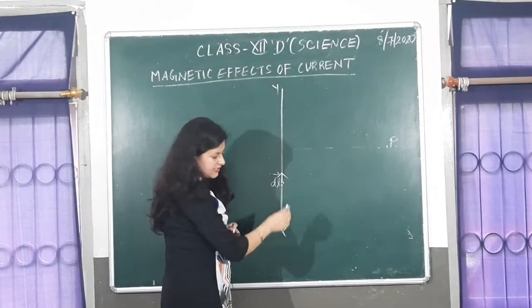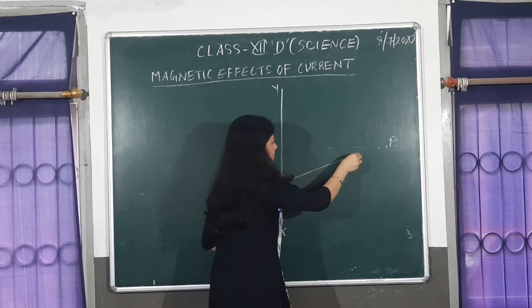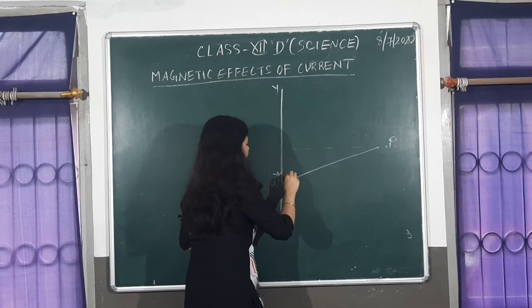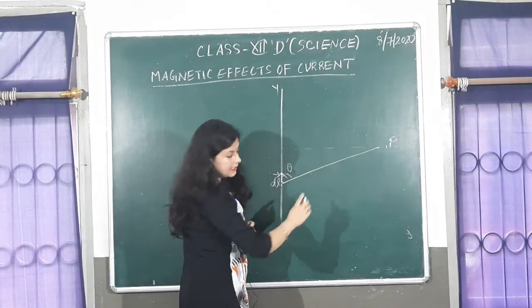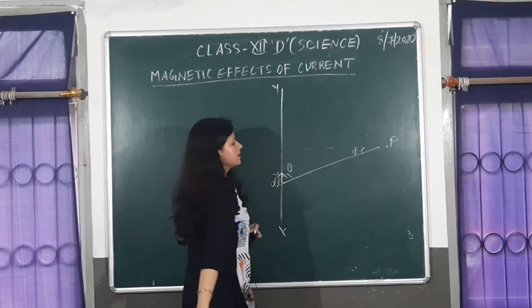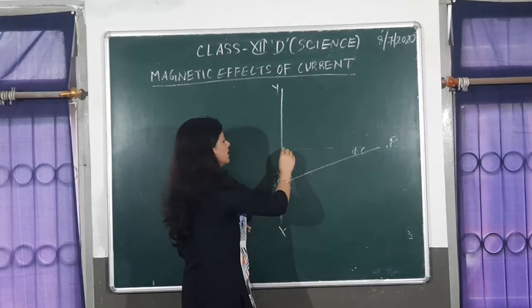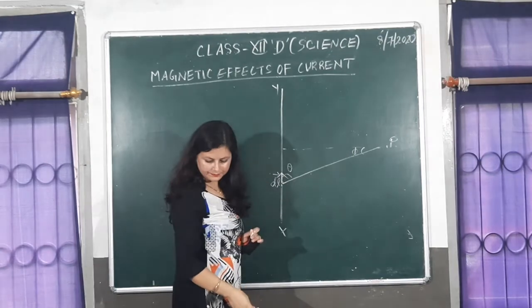Okay, now from dl I will join this midpoint of dl till P, the angle for which will be equal to theta, and you can see there is one more angle there. I will take this angle as phi. Later we will have to focus on this angle only. We are going to find out a term in terms of phi.